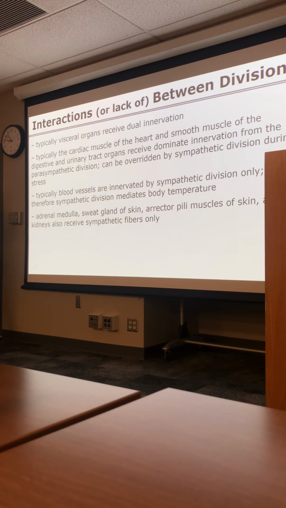But there's a few other things that only get sympathetic innervation. Well, adrenal medulla, well, that makes sense. That one makes sense because we know that the chromaffin cells basically are the second neuron in the pathway. They just never developed an axon. And so there's a second neuron in the pathway for the sympathetic division, so it makes sense the adrenal medulla only gets sympathetic innervation.